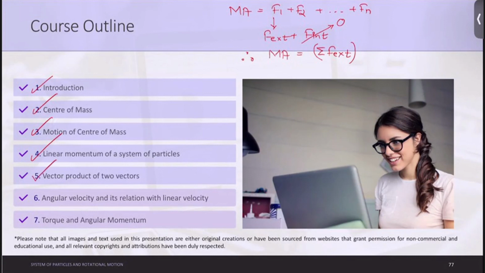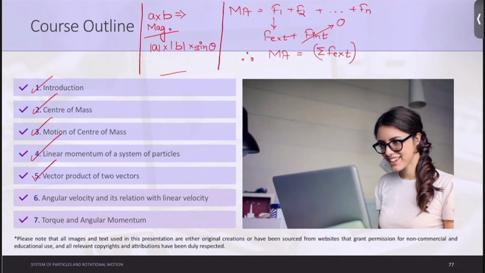Then the next concept was the vector product of two vectors. In the vector product, A cross B, you need to understand two different concepts. The first was regarding magnitude. The magnitude is equal to magnitude of A into magnitude of B into sine theta, where theta is the angle between A and B. And what is its direction?